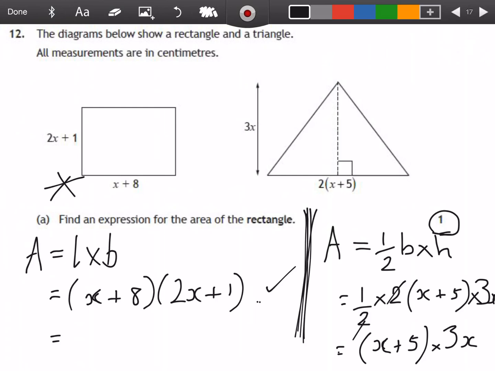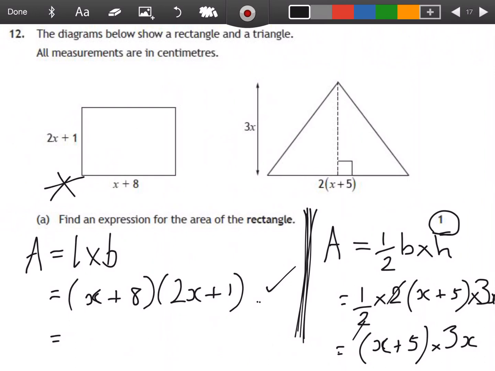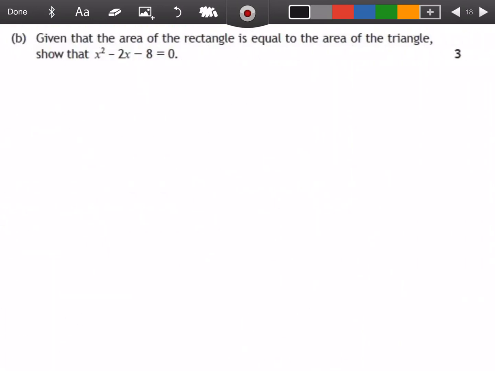Right, so let's go back to this question. It says the area of the triangle is equal to the area of the rectangle. So we're going to write our area of a rectangle formula out. x plus 8, bracket, 2x plus 1. That's our area of the rectangle formula. And it says it's equal to the area of the triangle.